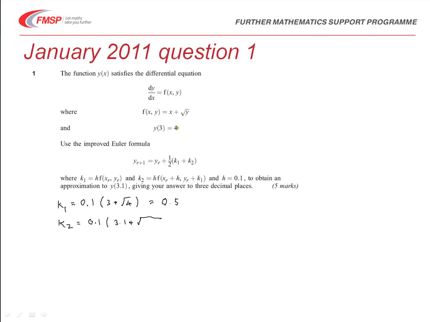So the y value was 4, k1 was 0.5, so this becomes plus root 4.5.